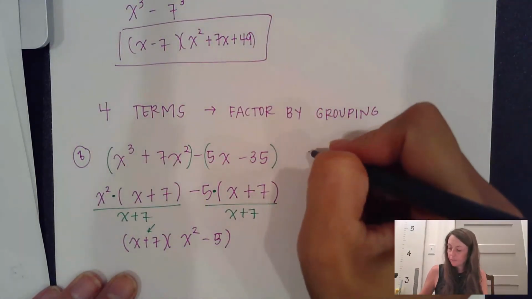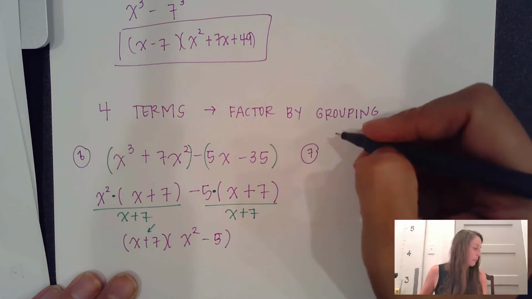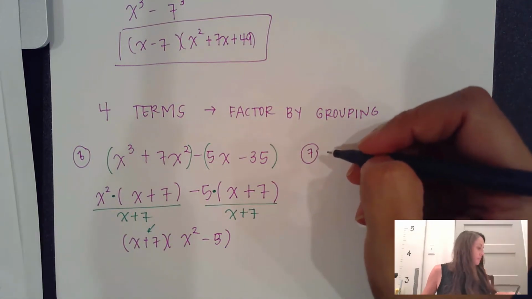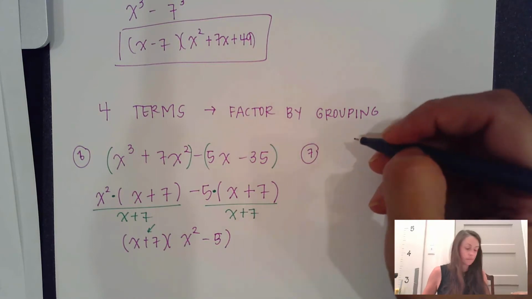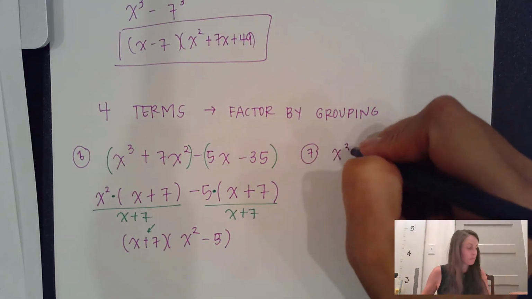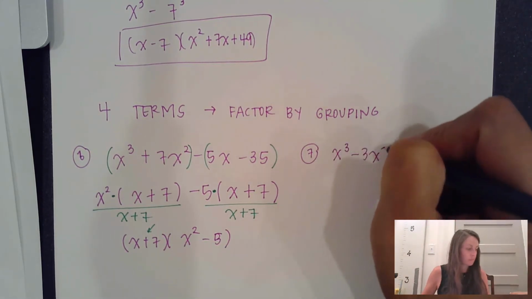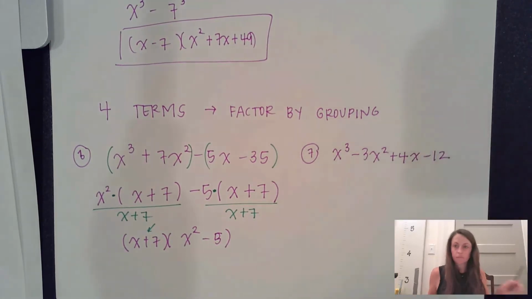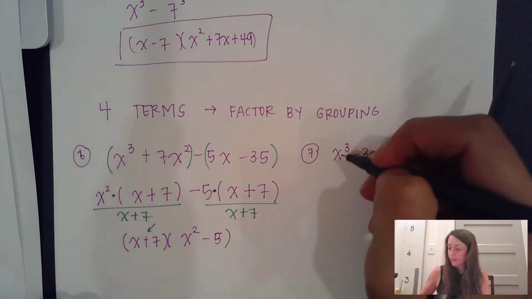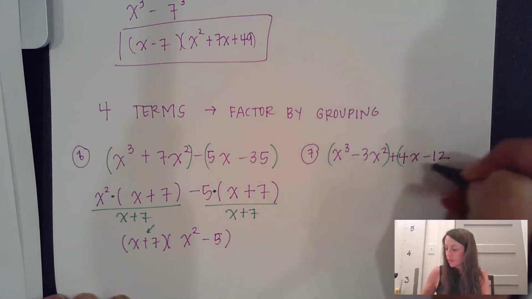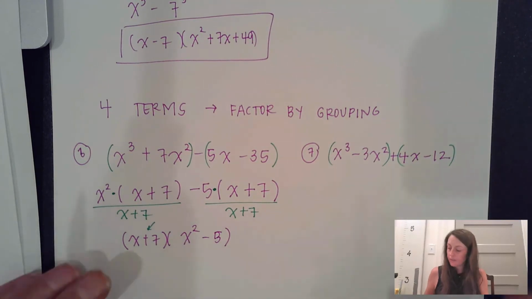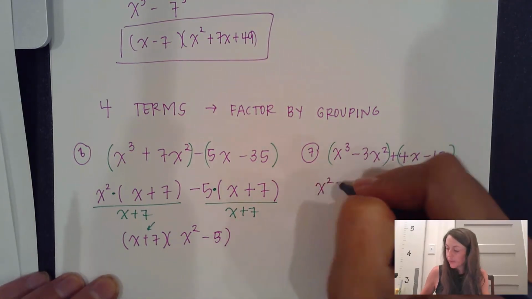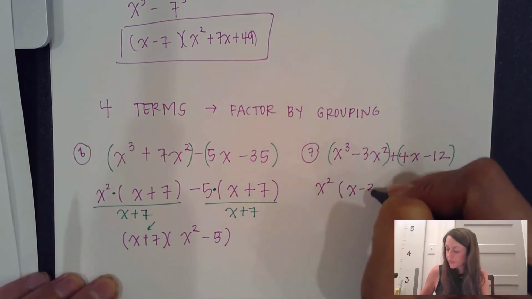All right, let's do one more. Factoring by grouping. So we're going to factor the first two, factor the second two. Out of the first grouping, we can factor out an x squared, and we'll have an x minus a 3 left.